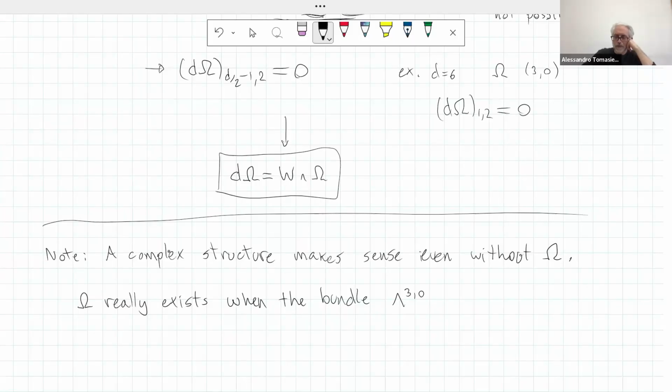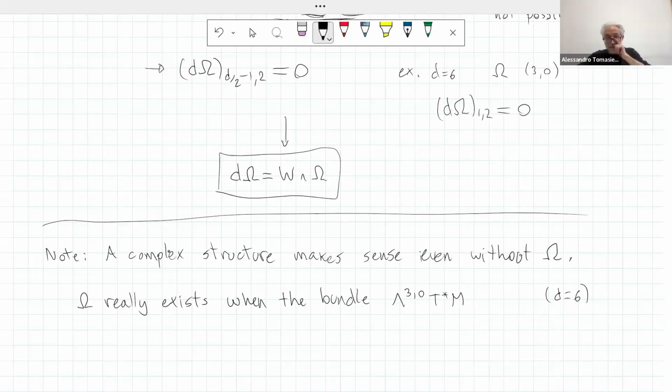Omega belongs to, as we saw, this bundle. It is a 3-0 form for d equals 6. I'm tired of writing d over 2 every time, so let me take d equals 6. It is a 3-0 form in this case.